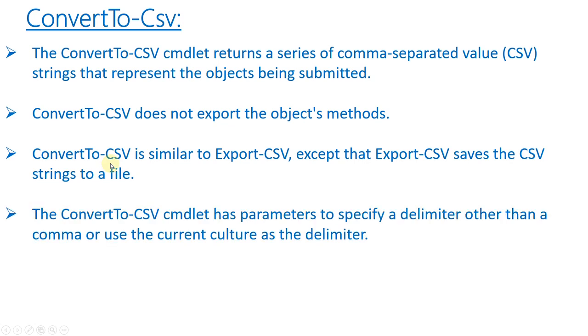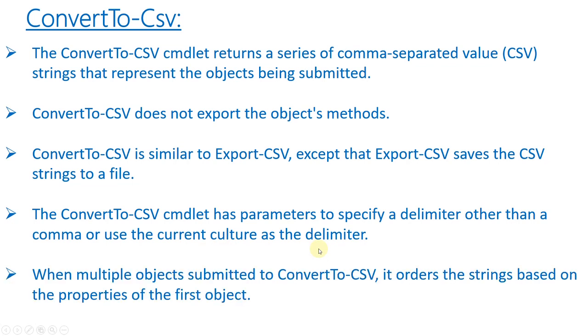Although ConvertTo-CSV has a default delimiter, that is comma, we still have the option to specify a different delimiter other than comma. We can also use the current culture as the delimiter while converting the object to CSV. And in case we submit more than one object to this commandlet, then it will order the string based on the properties of the first object.